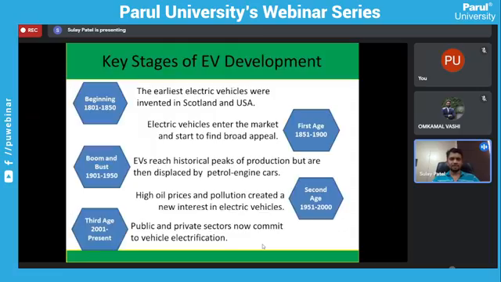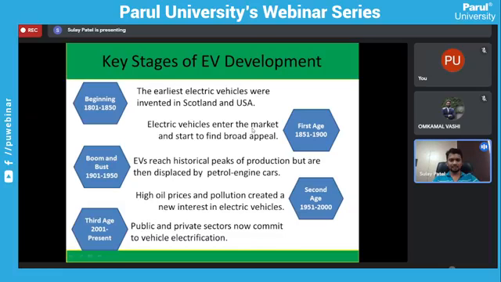So these are the key stages of electric vehicle development. Before petrol and diesel vehicles were invented, electric vehicles were developed and invented in Scotland in the beginning era of 1801 to 1815. After that, the first stage of electric vehicles came.